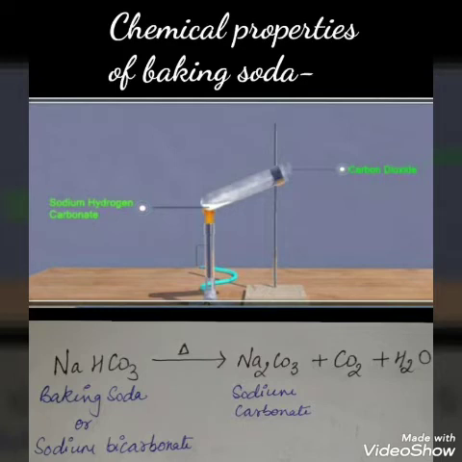One of its important chemical properties is that when sodium bicarbonate is heated, it will decompose to form sodium carbonate with evolution of carbon dioxide gas and some amount of water.